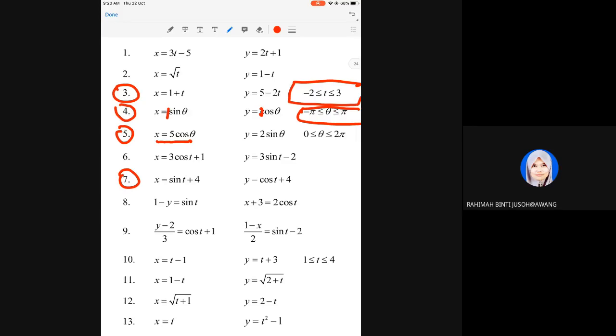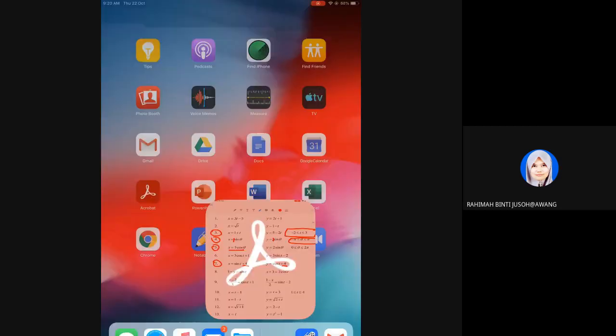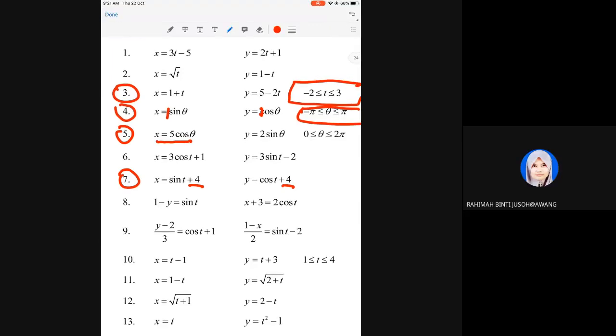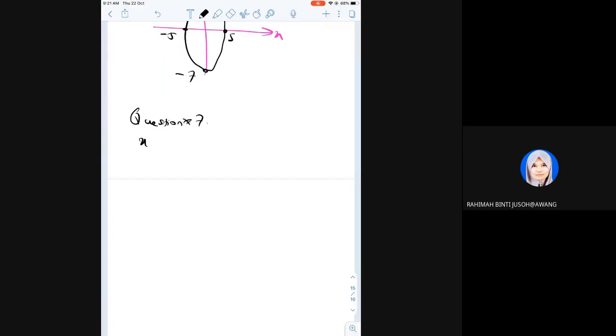Okay, in this case, this is your center. I'll do number 7. Question number 7: x equals sin t plus 4, y equals cos t plus 4.